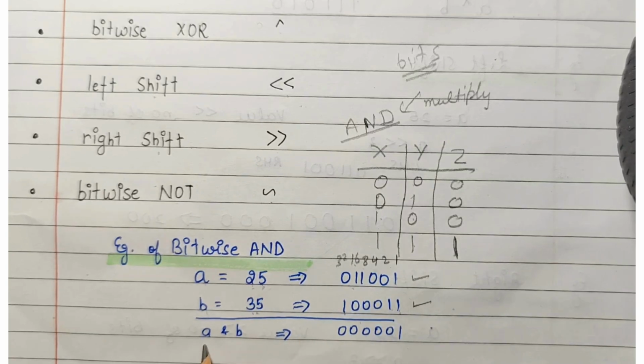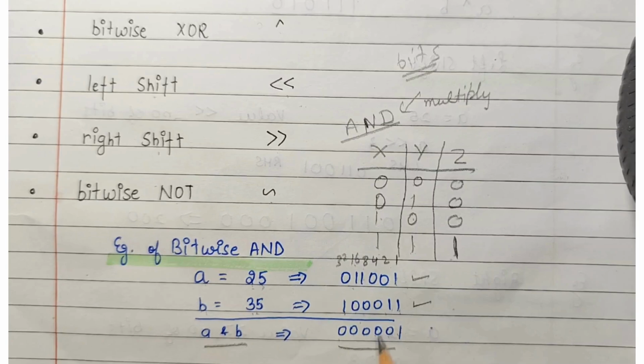Now I apply the bitwise AND operation on both values A and B. 1 and 1 become 1, because using this truth table 1 into 1 is 1. 0 into 1 is 0. 0 into 0 is 0. 1 into 0 is 0. 1 into 0 is 0. 0 into 1 is 0.